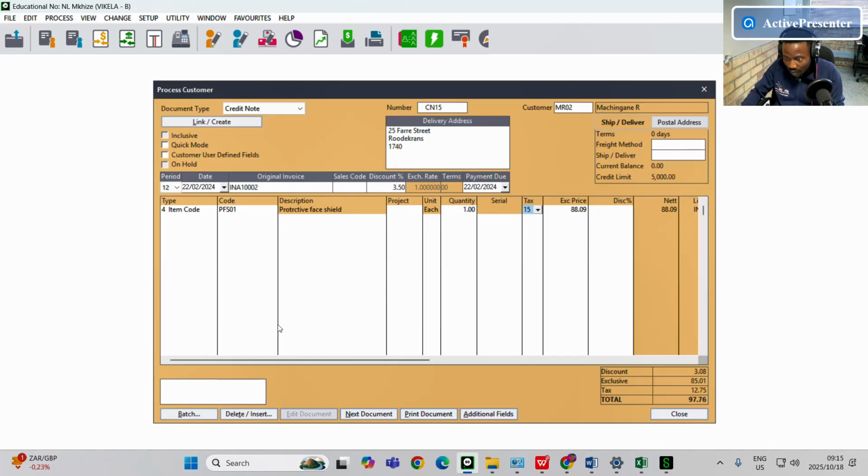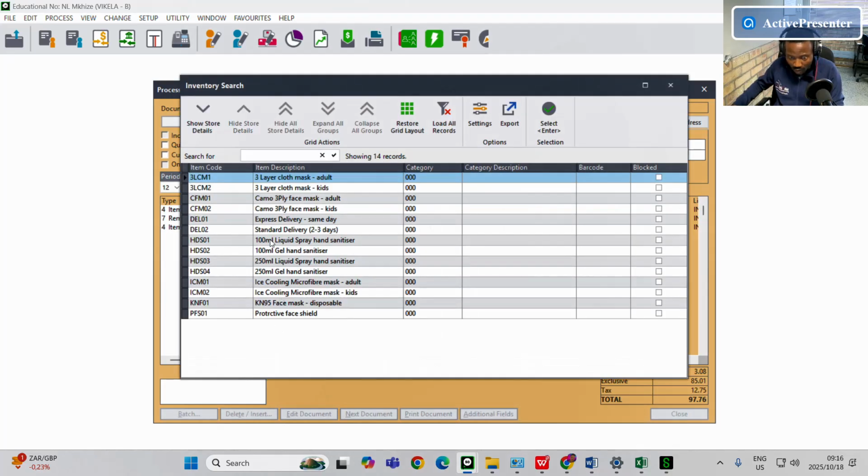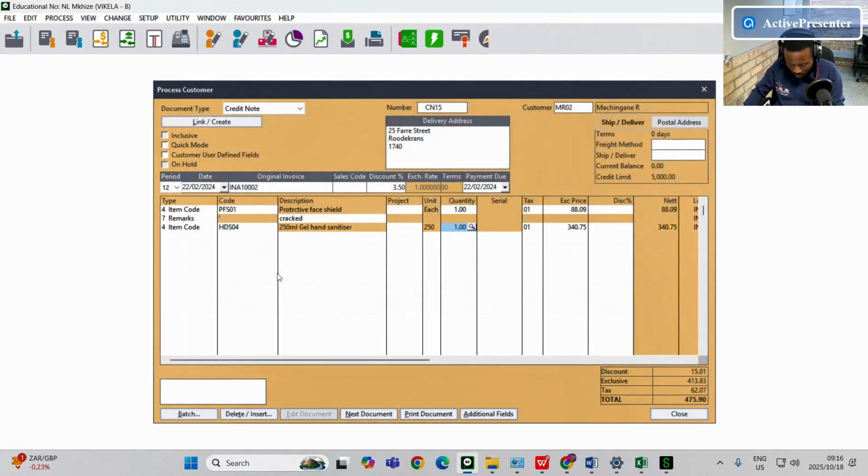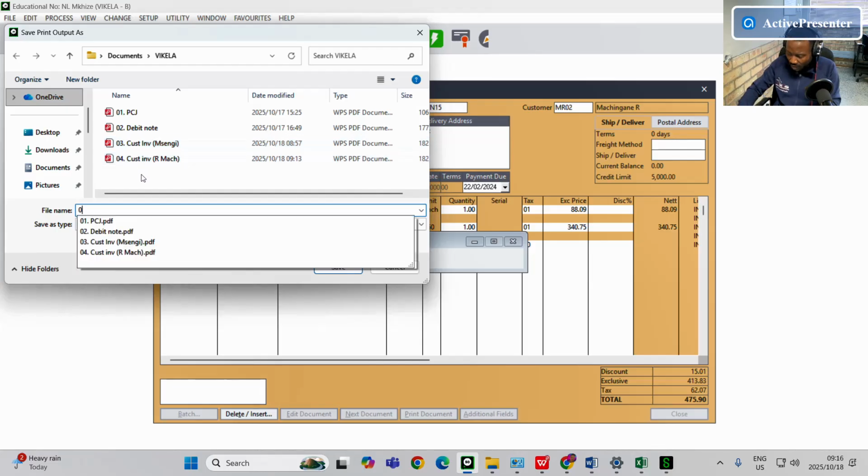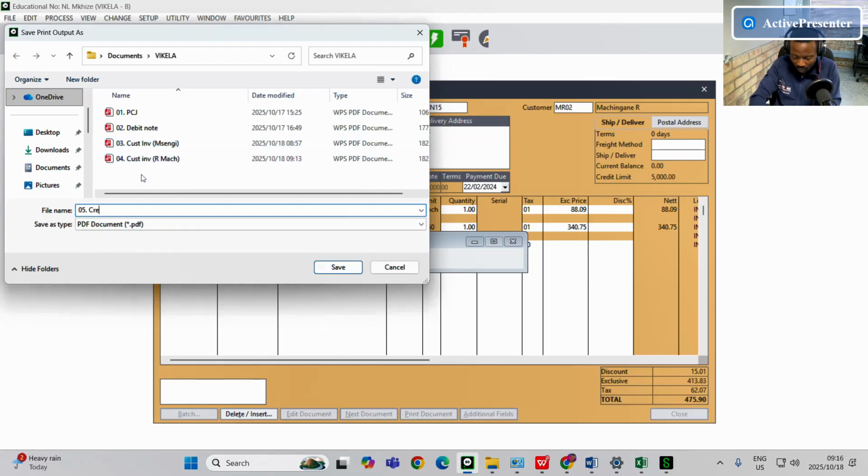It's 1. Reason: correct. 250 ml gel hand sanitizer. It's only 1. They said lid broken. So it's lid broken. I can then print this credit note. So it's 05 credit notes.